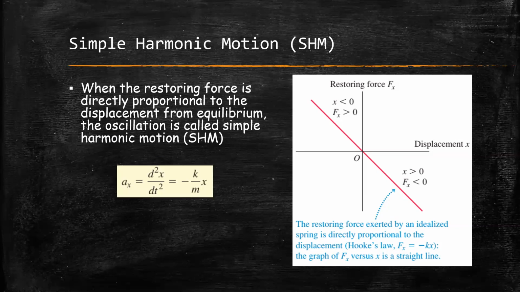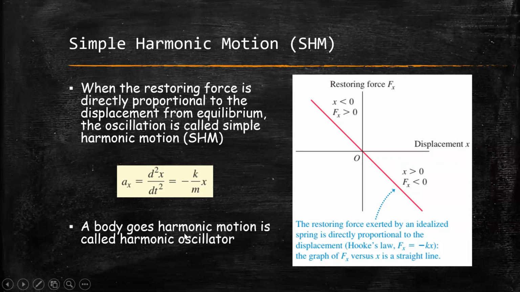And it obeys Newton's second law of motion, wherein the acceleration is equal to force divided by the mass. If we substitute the force with negative kx, we have the acceleration is equal to negative kx over m.